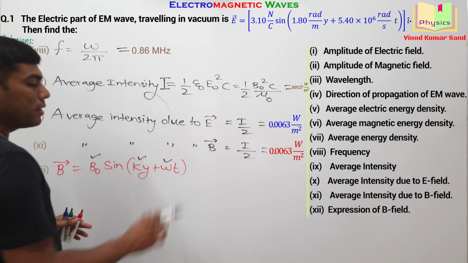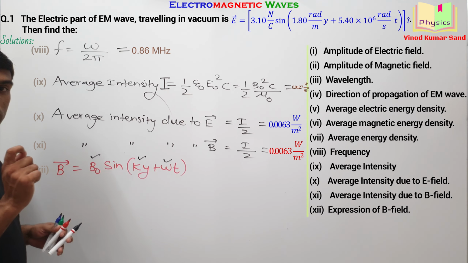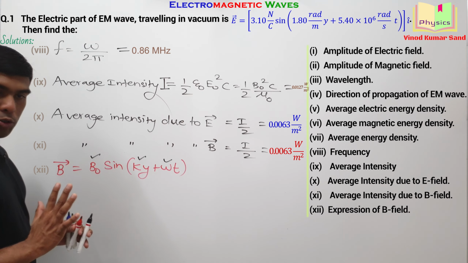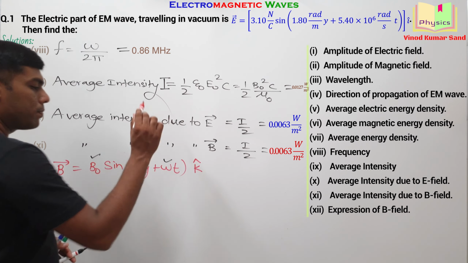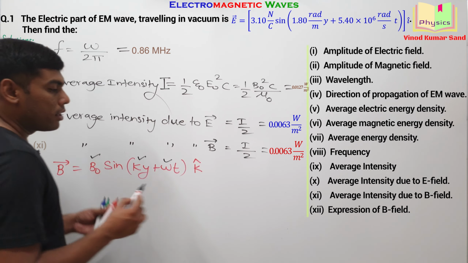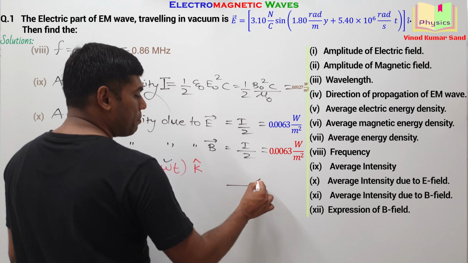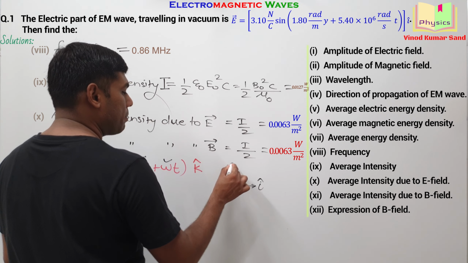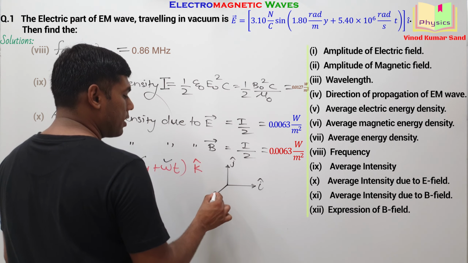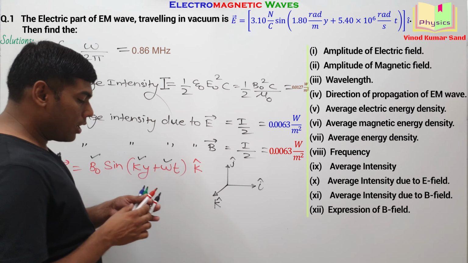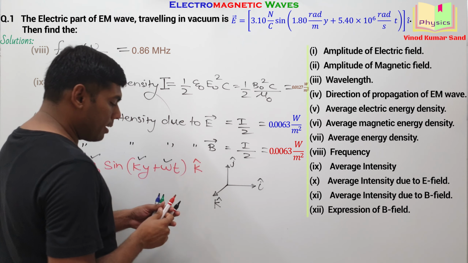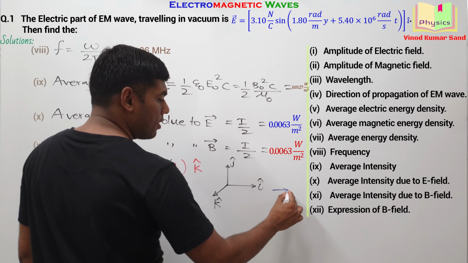All we need is to obtain the direction in which the magnetic field is varying sinusoidally. So that direction will be k cap. How? Suppose this is i cap, this is j cap, and this is k cap. The electric field vectors are varying sinusoidally along the i cap, so the E vector is in this direction.